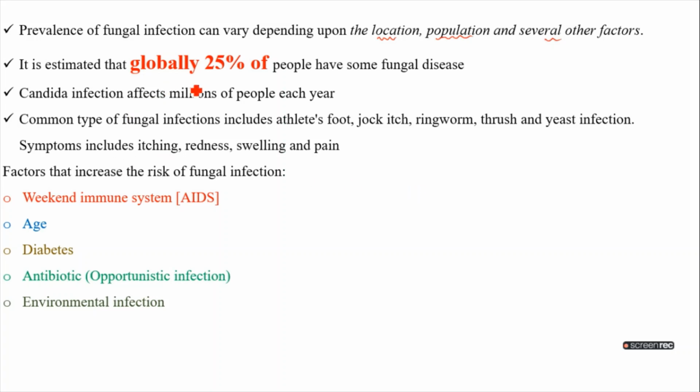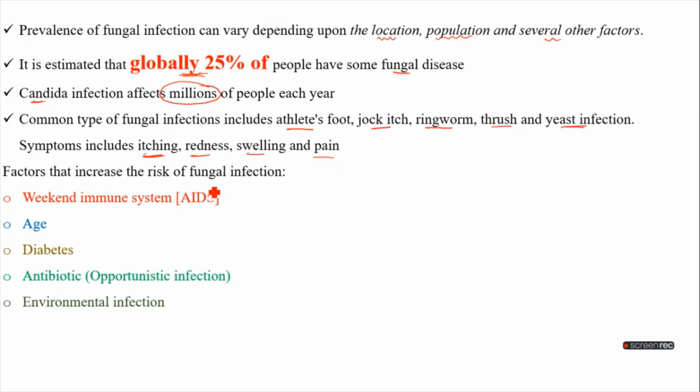So it is estimated that globally 25% of people are suffering from different types of fungal disease, where candidal infection can affect millions of people each year. Okay, common types of fungal infection are athlete's foot, jock itch, ringworm, thrush and yeast infection. Symptoms, basically common symptoms जो आप लोग देखे होंगे, that is itching, redness, swelling and pain.